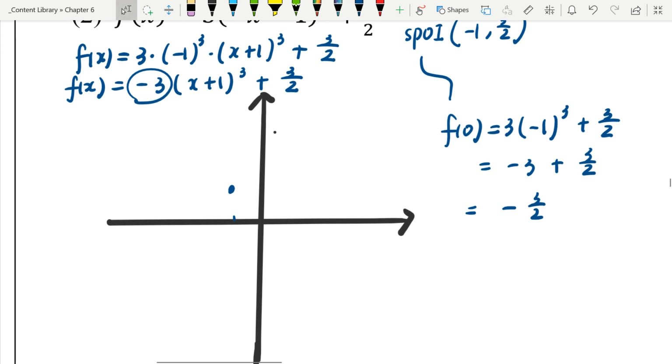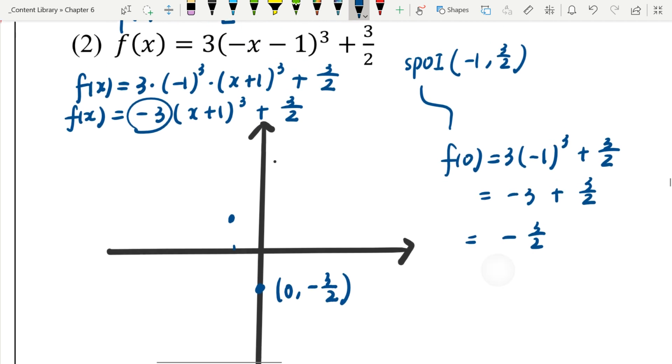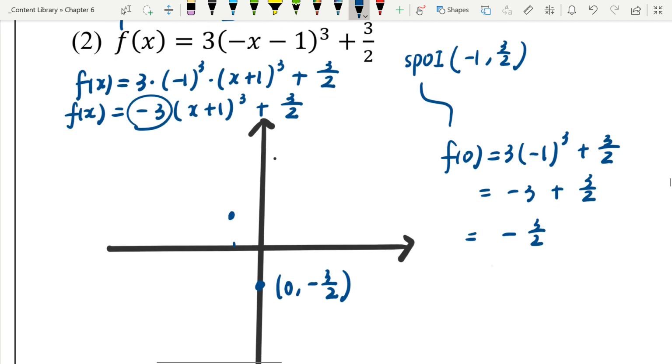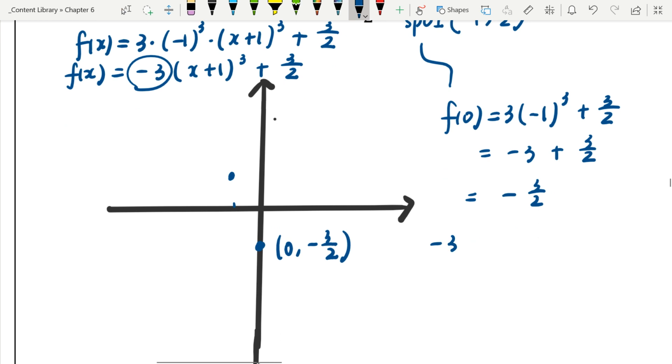So we have (0, minus 3 over 2), which is here. And we will solve the x-intercept as well.